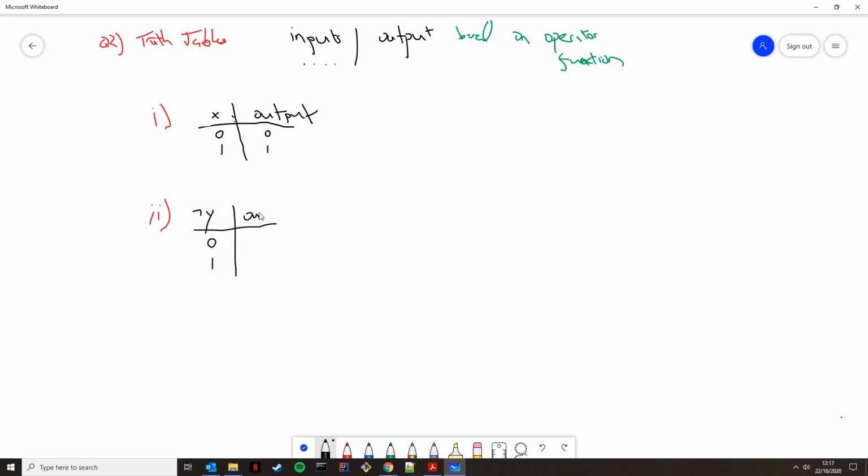And for our output, when we get 0, it's going to be not of y. So we saw here we have one input, 0 got 0, 1 got 1. So here not, 0 is going to get you 1, and 1 will get you 0. So when it's false, you get true. When it's true, you get false.